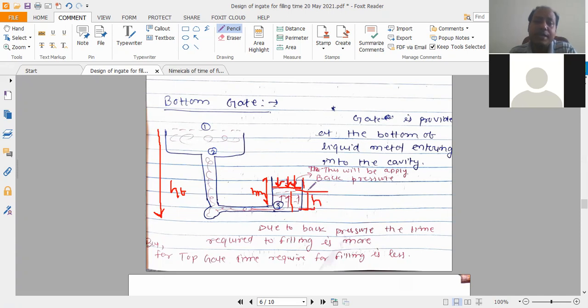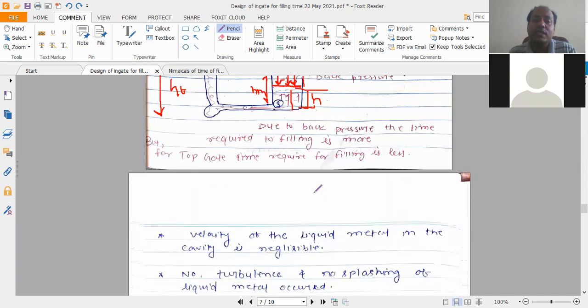So this differential height HT minus H will provide the back pressure to the mold cavity, so the time of filling will be more.